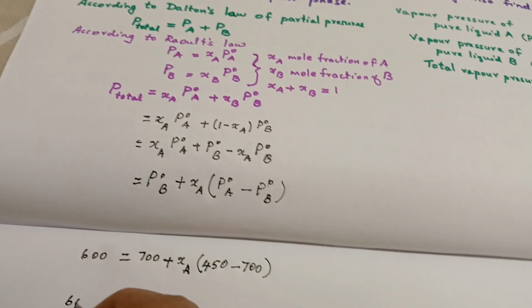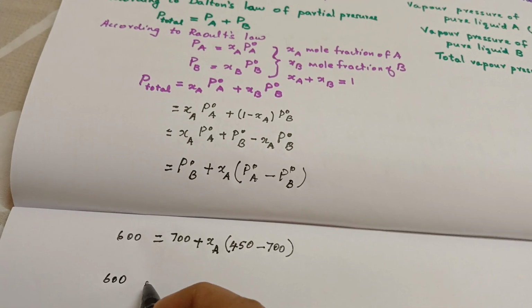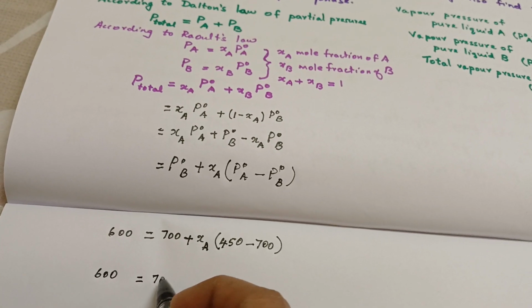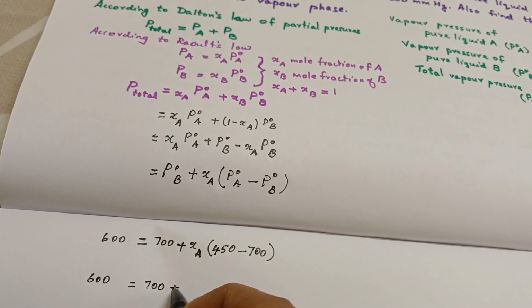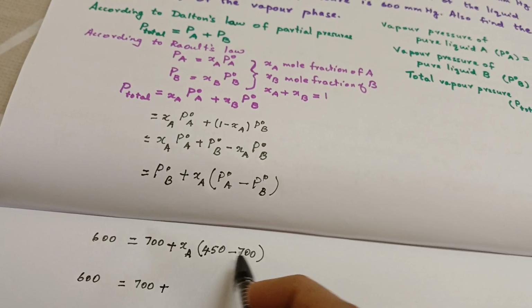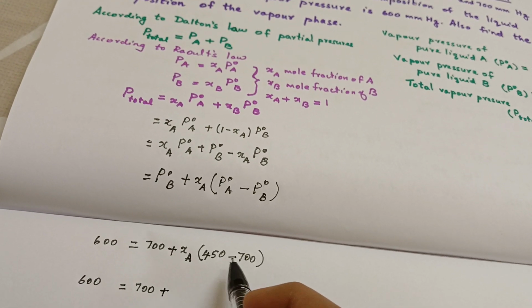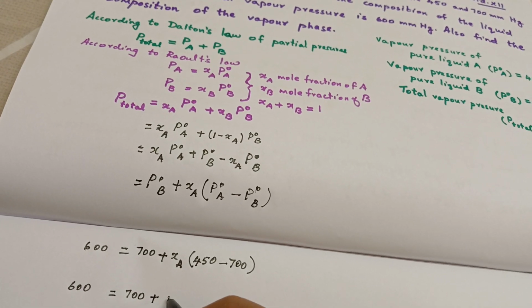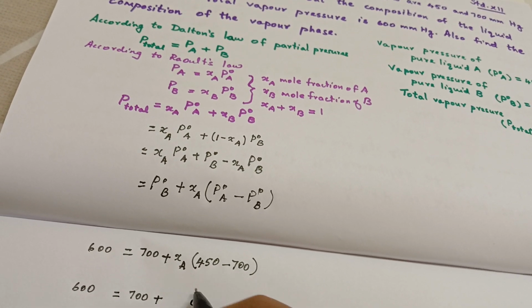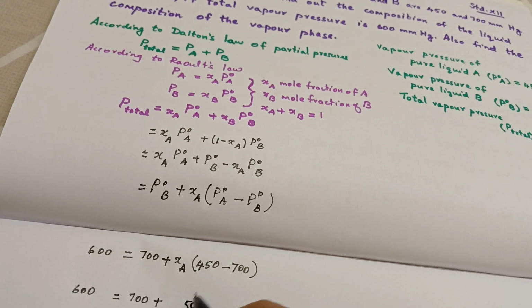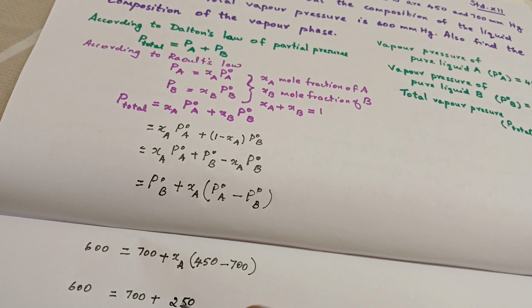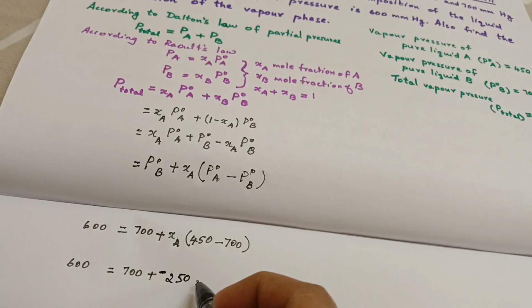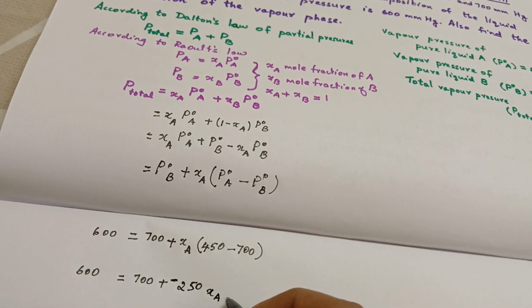If we do this, 600 is equal to 700 plus, 450 minus 700 will give us minus 250. So minus 250 into XA.